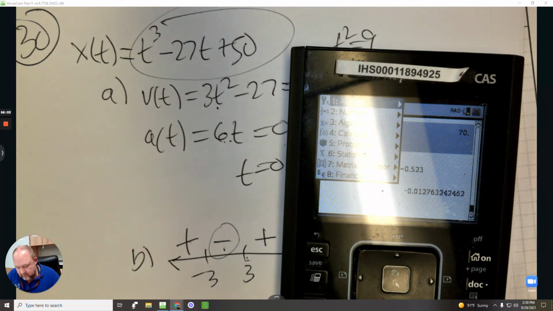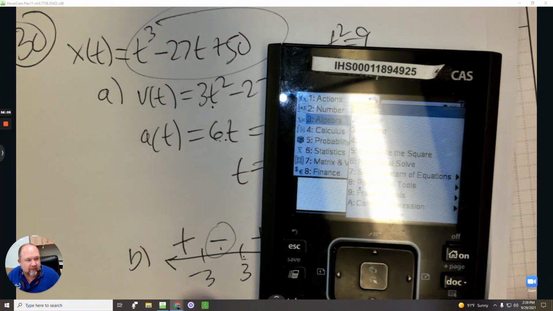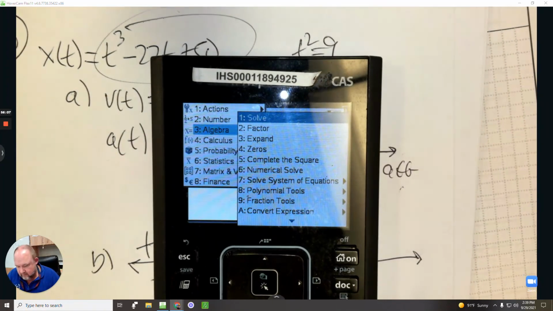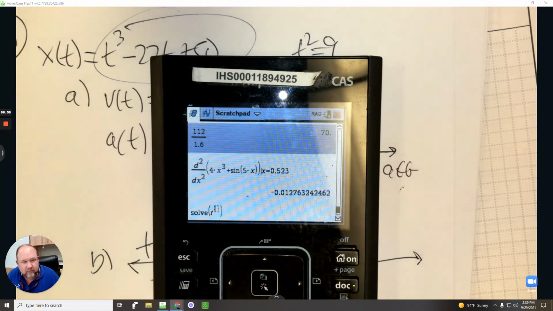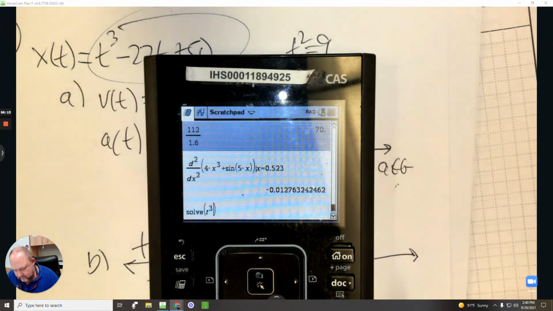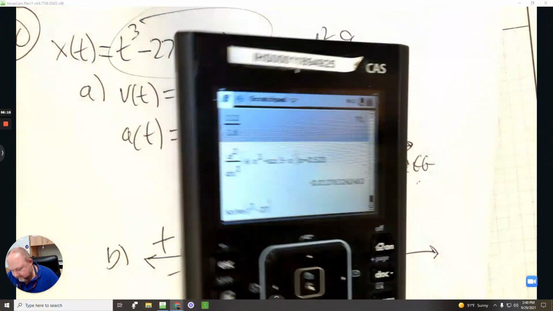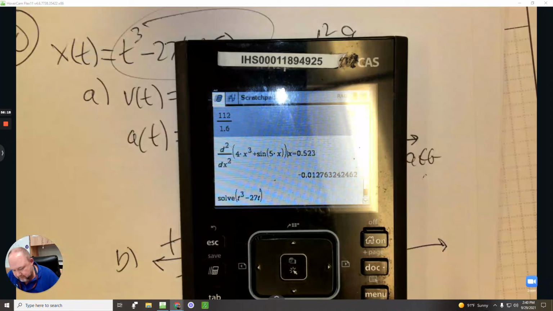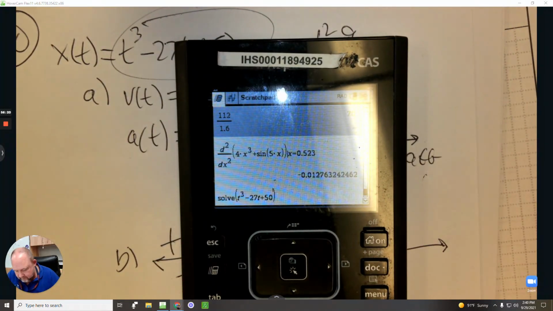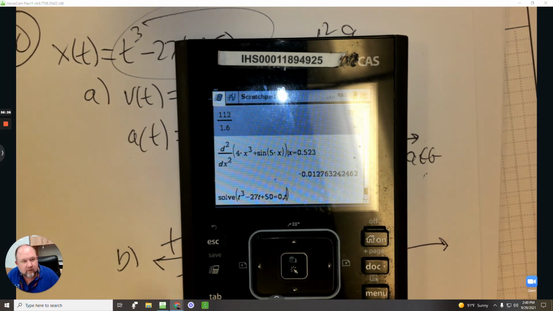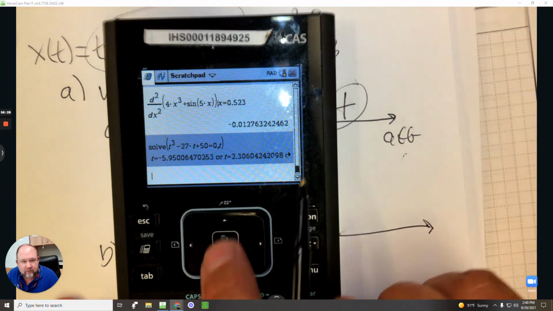So I'm going to go menu, I'm going to go algebra, and I'm going to solve that. So I'm going to type in t cubed minus 27t. I was trying to get it done before the bell. Equal to 0. And those are your answers.